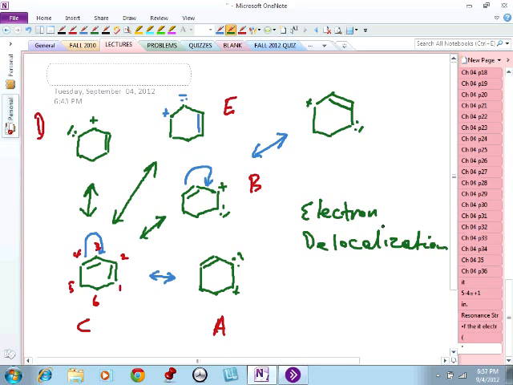As we go along in organic chemistry, you will find that the more resonance structures you can draw for a molecule, the more stable that molecule will be, because resonance allows you to delocalize the electrons along the carbon chain. This is another resonance structure. Let us call this A, B, C, D, E, F. You can see as many resonance structures as possible here. Yes?